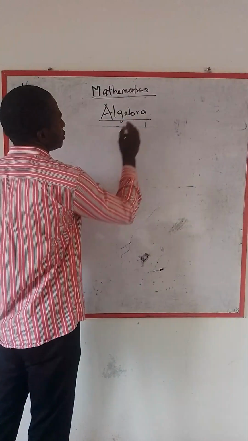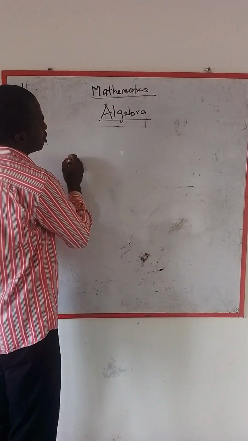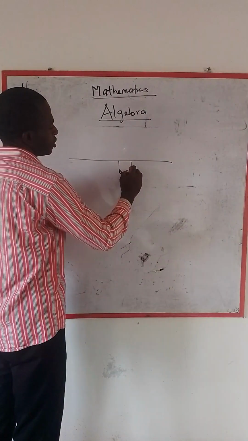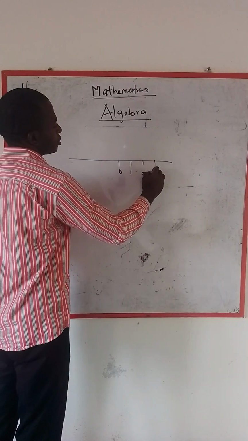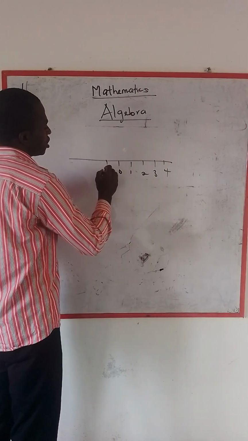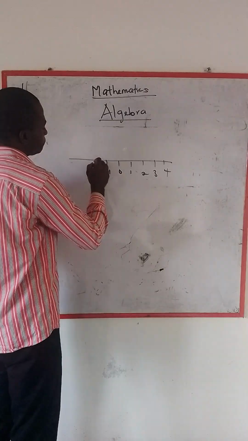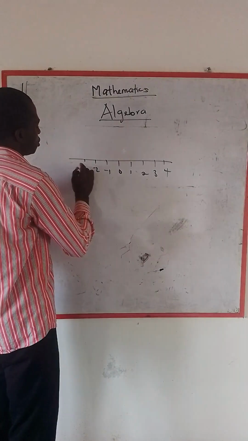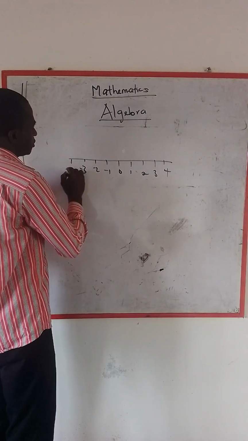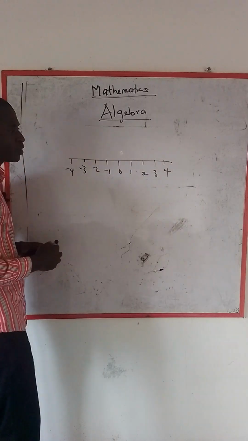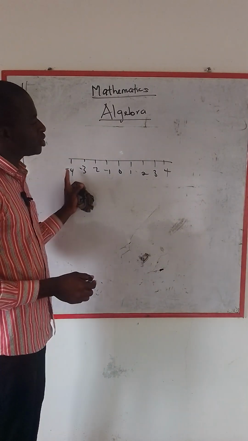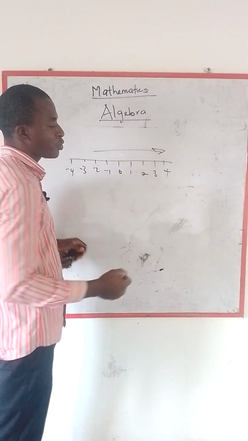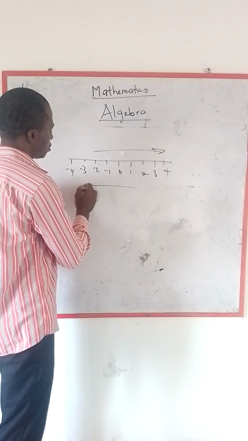Before I talk about this, I will just give you a number line to explain what I am talking about. As you can see on the board, what you are seeing here is a number line, showing us different numbers increasing as it goes toward your right and decreasing as it goes toward your left.